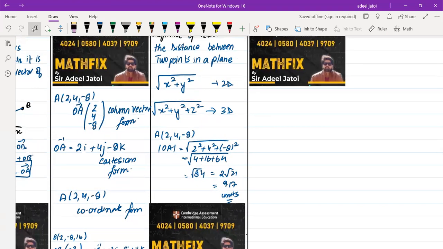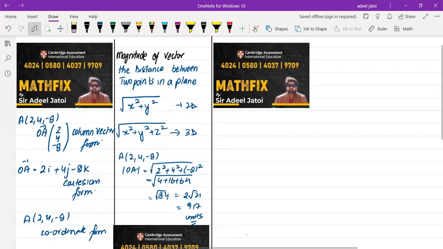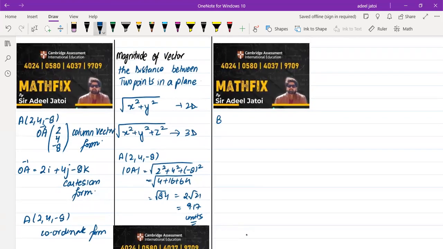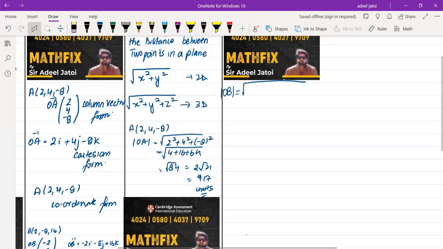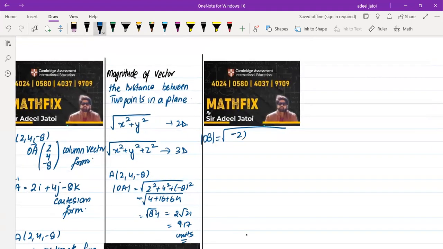Similarly, if I want to find the magnitude of B, so OB, B is given as minus 2, minus 8, and 16.